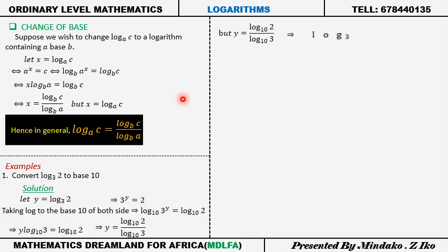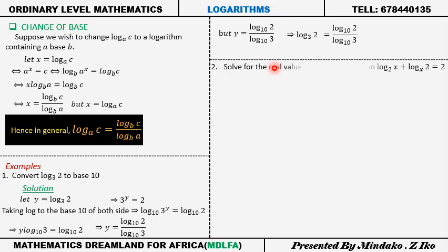So it means that the log of 2 to the base 3 will just be equal to log of 2 to the base 10 divided by log of 3 to the base 10. I decided to do it step by step because they can ask you to show your working in the exam. You cannot just come here and switch it just like that. But it's actually still helpful, I just decided to give the required procedure. All right, so that is it.